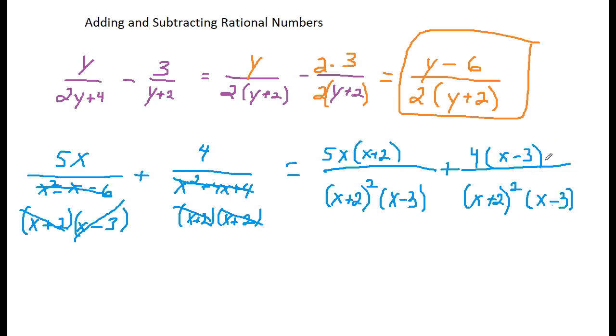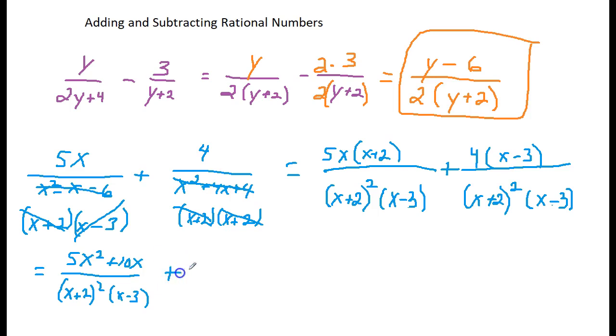Distribute in the numerator. 5x times x is 5x squared. 5x times 2 is plus 10x over my common denominator, which is x plus 2 quantity squared and x minus 3.